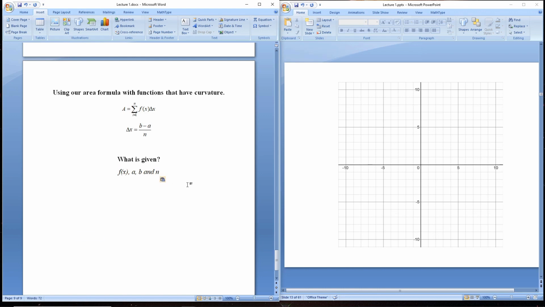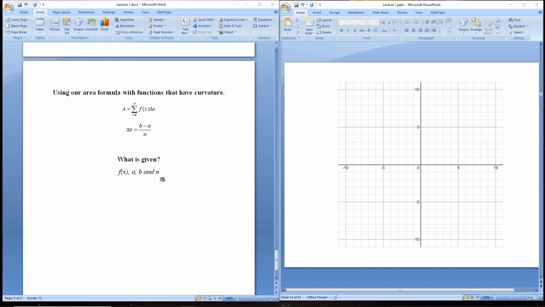Try to keep that in mind. You won't have to figure this stuff out. You're always going to be given these four things, and then you need to know how to use them to get the area under the curve.